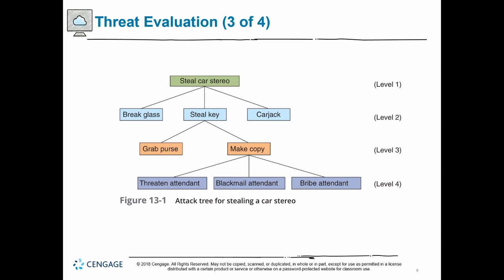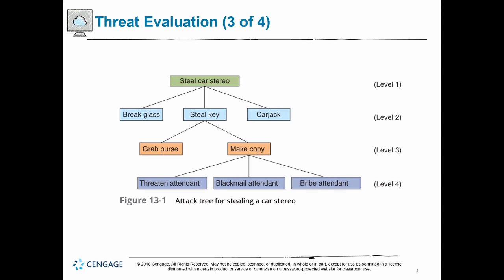As you see, attack tree scenario. The threat is to steal the car stereo, right? How they will do it, they can either break the glass, steal the key, or carjack, right?